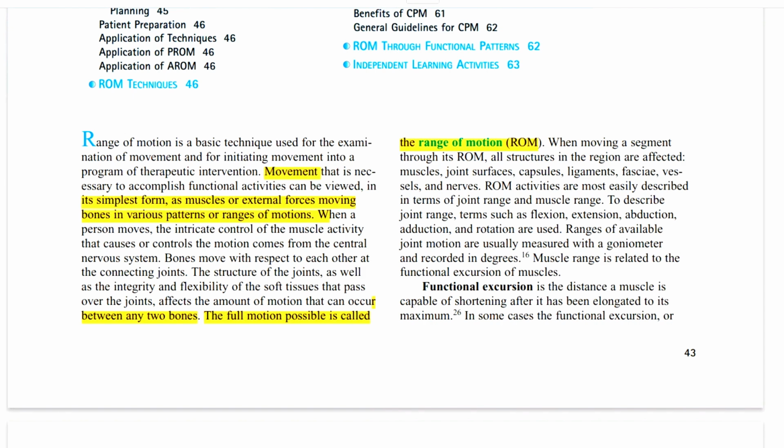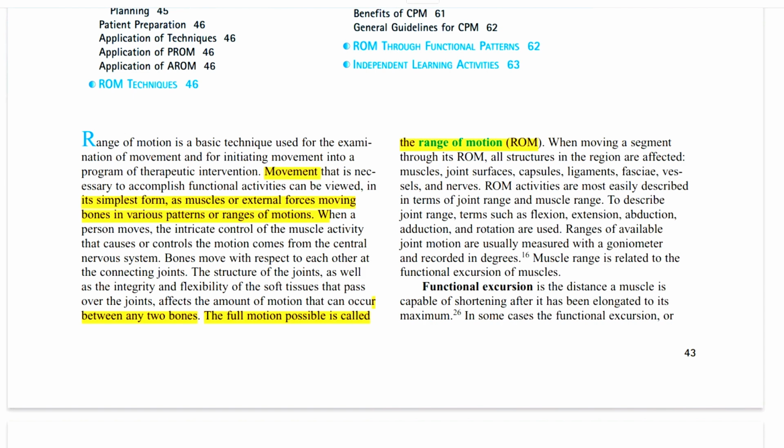Okay, so there are types of measurements you can take. First, to check the joint range of motion, we can use the goniometer, as we have discussed in the previous lectures. The goniometer is basically an equipment like a scale, where one arm is fixed and the other is the moving arm.